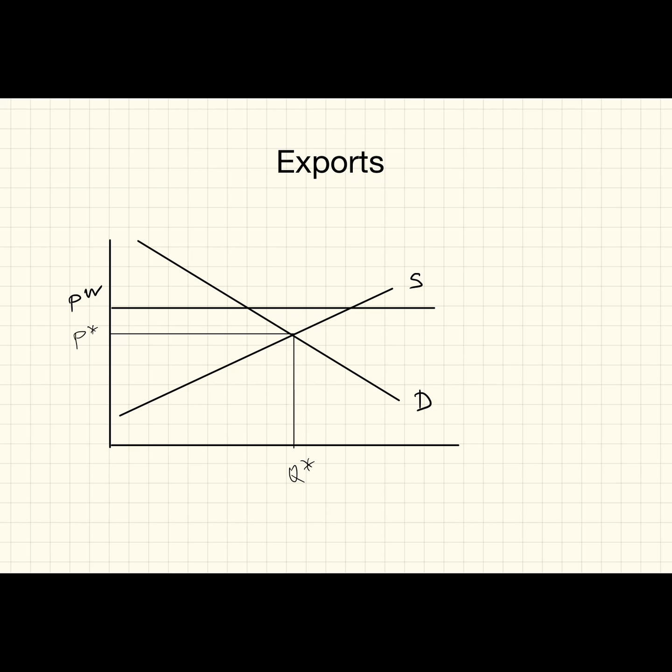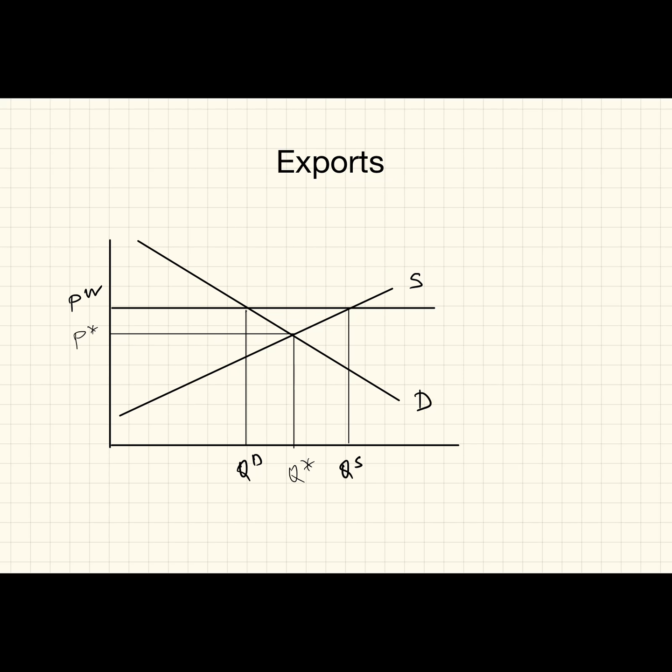And as this price goes up, of course, we have an adjustment in quantity demanded in this local market and quantity supplied in this local market. So this is QD, this is QS. So quantity supplied exceeds quantity demanded.